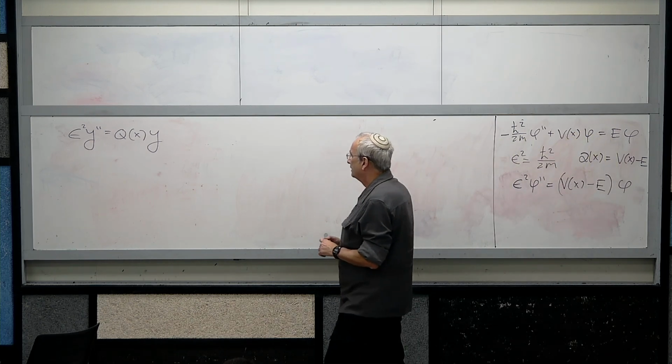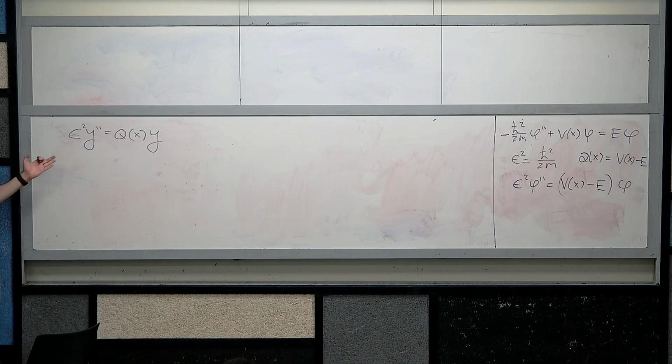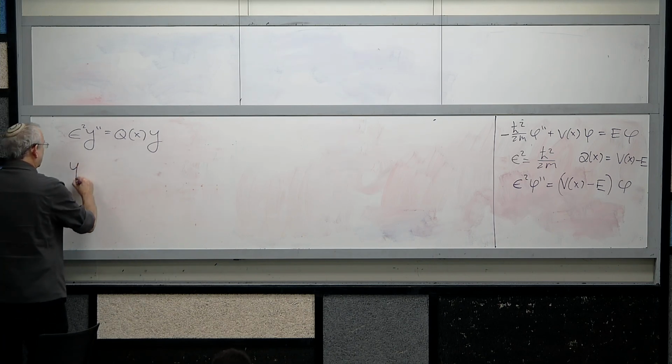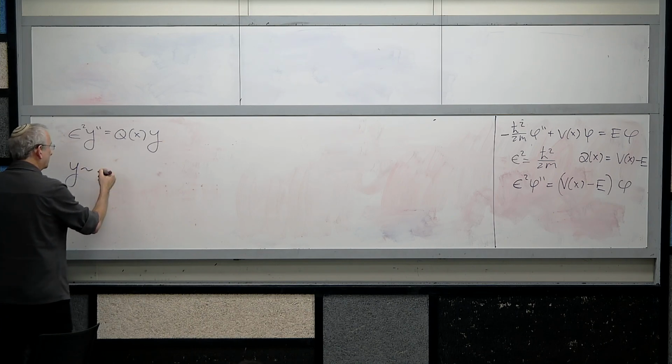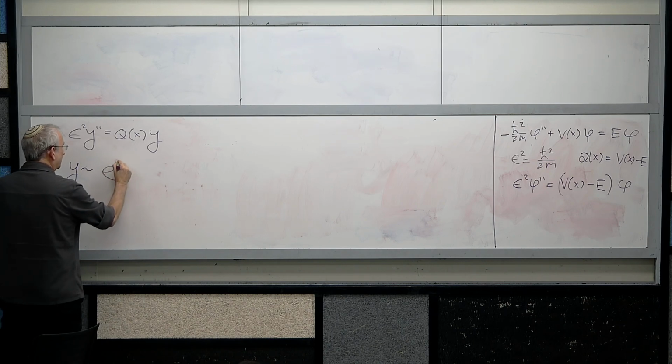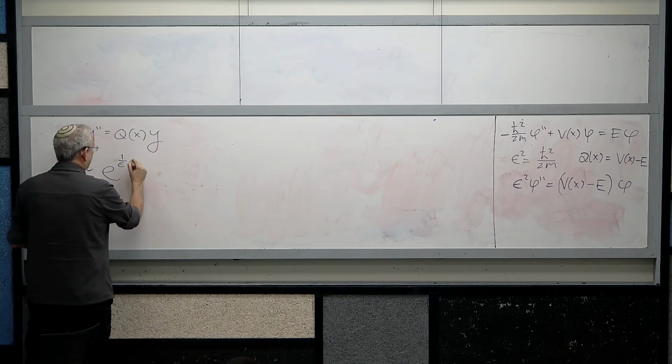Good. Now, what we have shown last time is that the solution for this may be written as y asymptotic, at least when epsilon goes to 0, to e to the 1 over epsilon times the sum from n equals 0 to infinity of epsilon to the power of n times Sn.